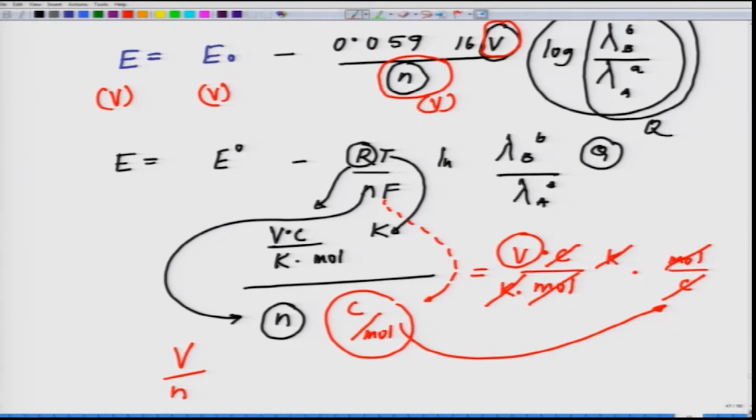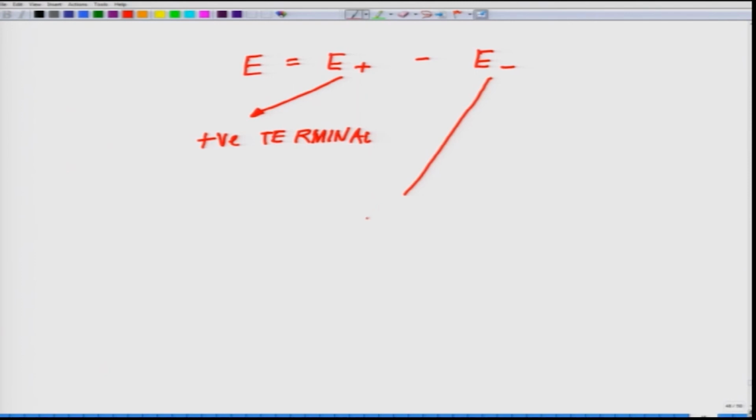You can multiply a half reaction by any factor, and the Nernst equation for a complete reaction is something like this: E is equal to E plus minus E minus, where E plus is the potential of the electrode attached to the positive terminal, and E minus is the potential of the electrode attached to the negative terminal of the potentiometer.